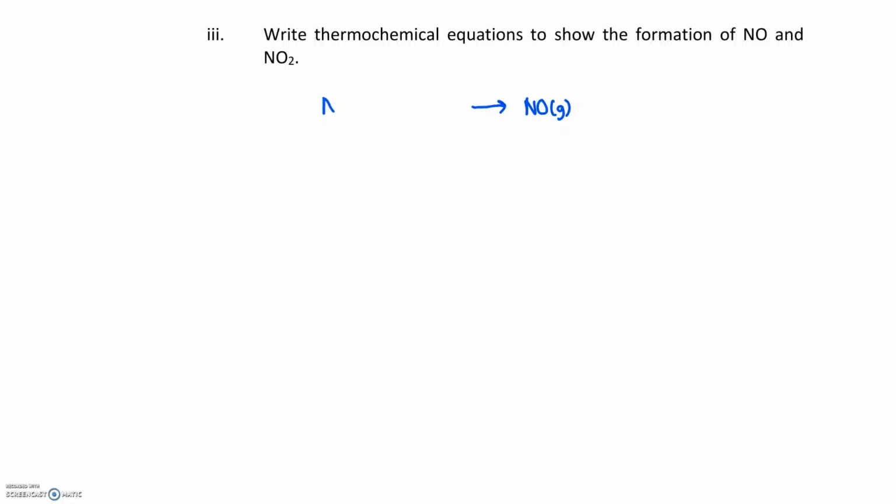So that will be nitrogen and oxygen, and nitrogen exists as N2 gas and oxygen exists as O2 gas. Because we want to form 1 mole of NO, this has to be 1/2 and this also has to be half.